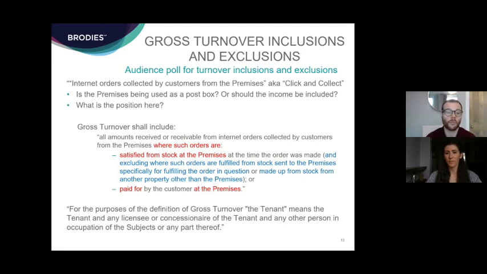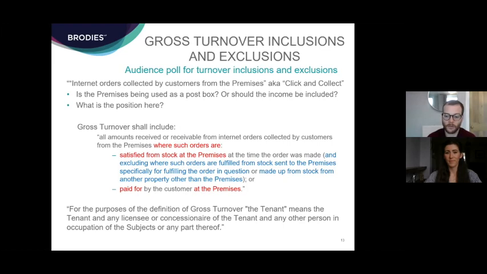So the example that springs to mind here, and I'm not sure if Boots operate on turnover leases or not, but if you go into that shop and there's various different stands in there selling different things, makeup and perfumes and things, all of those sales would be included in the overall sales for the shop.